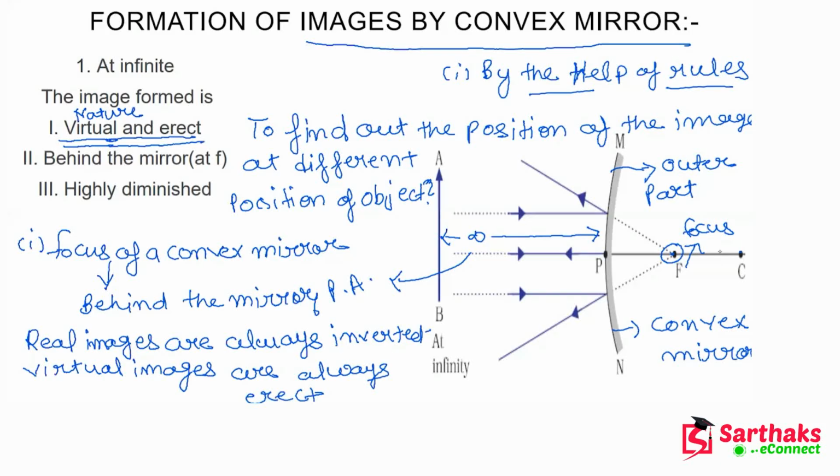So this is a virtual image. That's why it will also be erect. It means upright. Erect means upright. I can write it here. Erect means upright images, as you can see in the case of plane mirror.